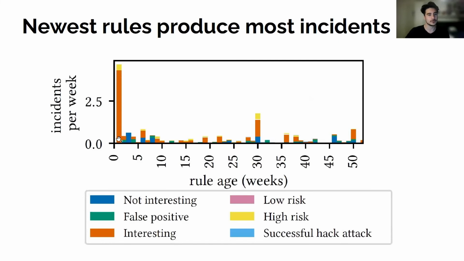This week-old rule would then, on average, produce around 4 incidents per week. And what this tells us is that it's the newest rules that produce the most incidents, which emphasizes the need, of course, for maintaining rule sets as up-to-date as possible to the threat landscape globally.